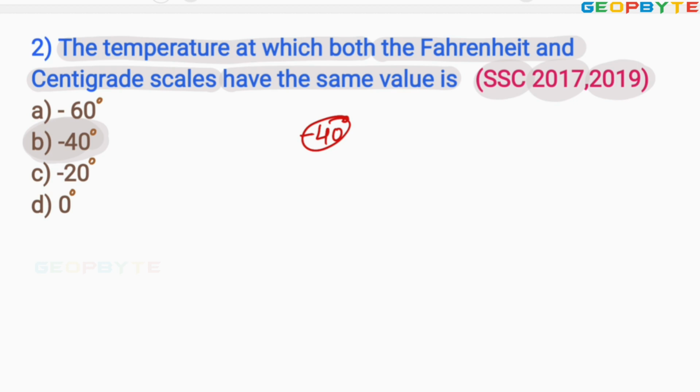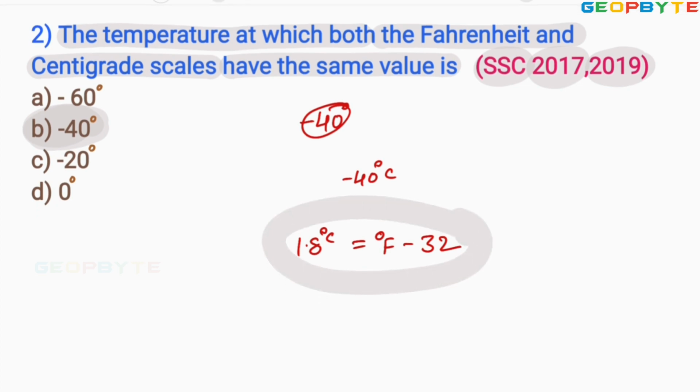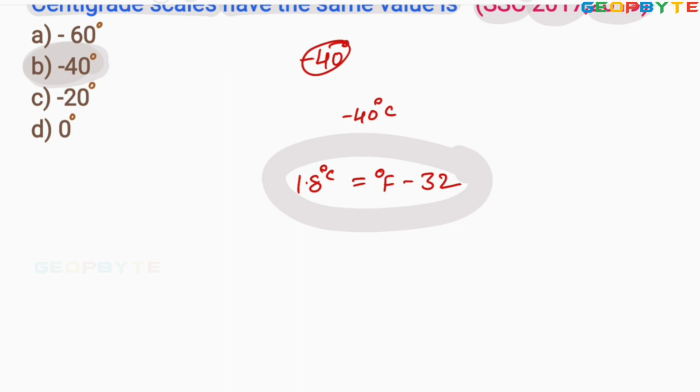You may have doubt that, sir, how? Let us take the temperature is minus 40 degrees centigrade. You know, the relation between the degree centigrade and degree Fahrenheit is 1.8 into degree centigrade is equal to degree Fahrenheit minus 32. This is the relation between the degree centigrade and degree Fahrenheit. So 1.8 into degree centigrade.